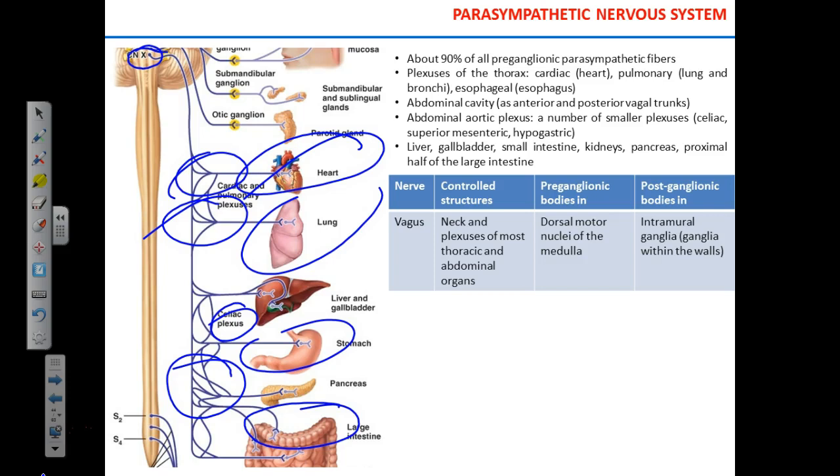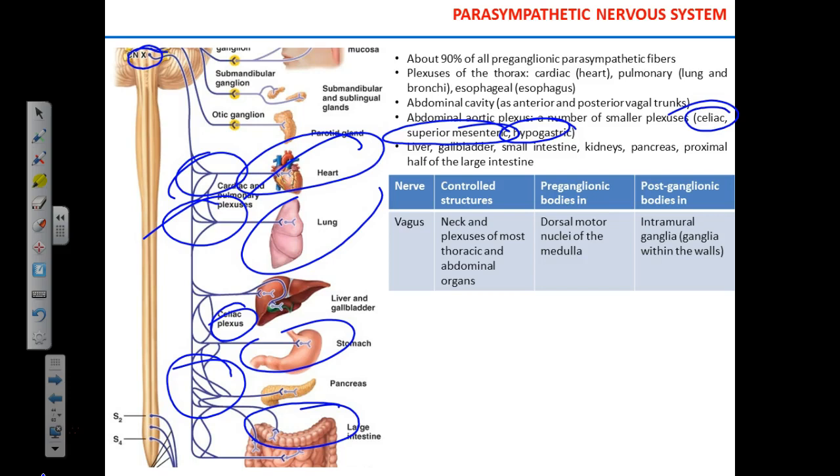The brown is the colon, the large intestine, and the beige is the small intestine. So if something innervates the transverse colon, it's going to innervate the small intestine as well. And you can say by the name of the plexus that celiac is probably going to be stomach and a little bit of small intestine. Hypogastric, liver, pancreas. Superior mesenteric, small and large intestine. Does that make sense?